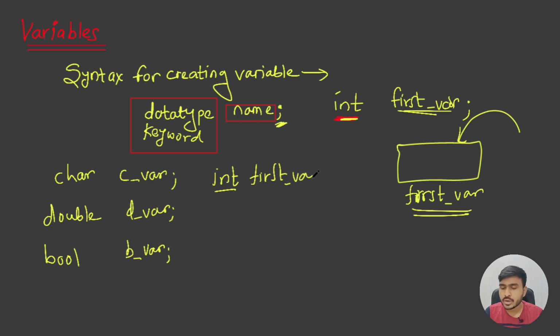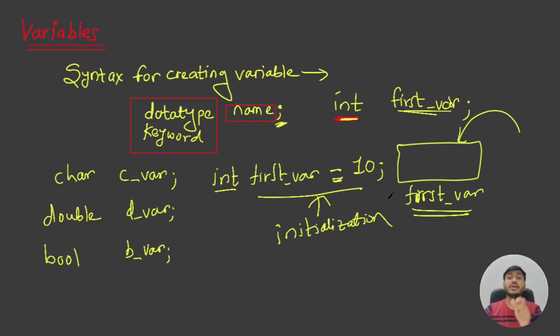Now let's say you want to assign the value 10 to this variable. You write the equal to symbol, and then the value. In this case the value is 10, and after this value you write a semicolon. This is called initialization.